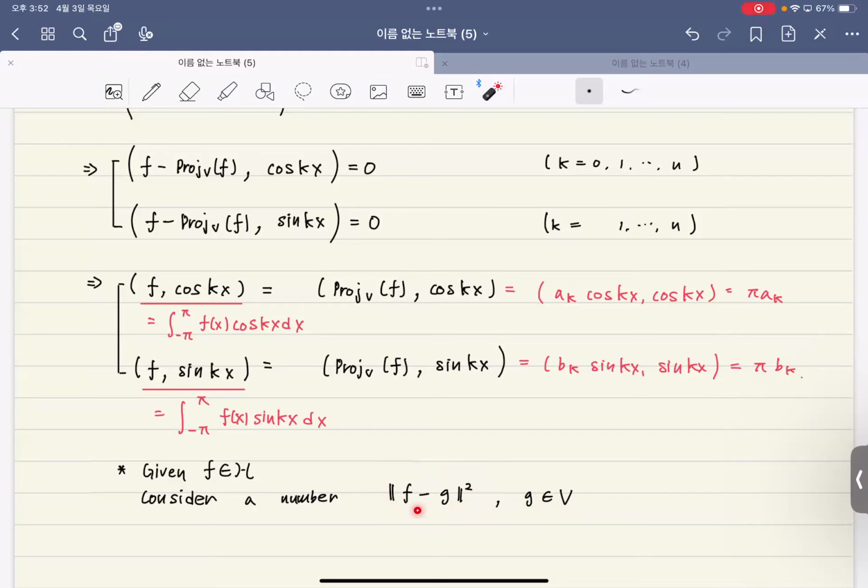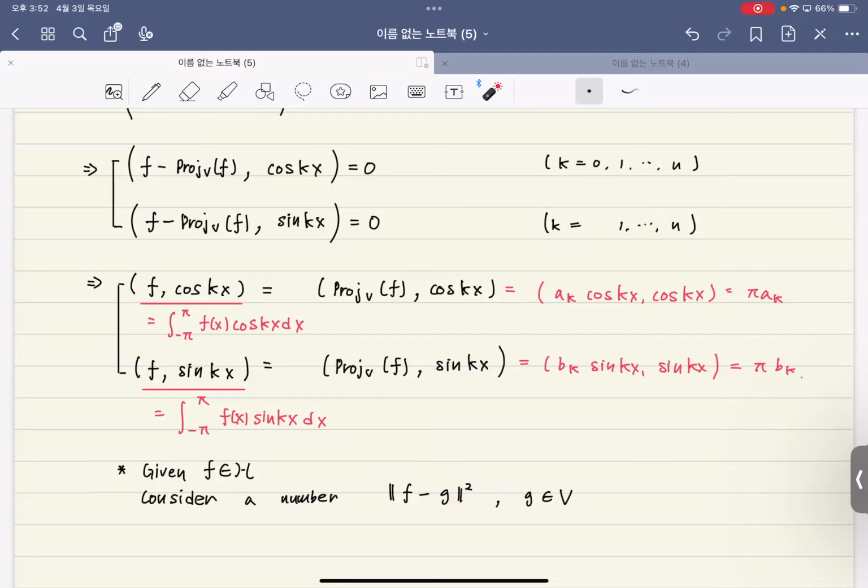Then the question is, for which function g is this number minimized? Do you know the answer? Yeah, right, exactly. This number is minimized exactly when g is the projection of f onto the subspace V.